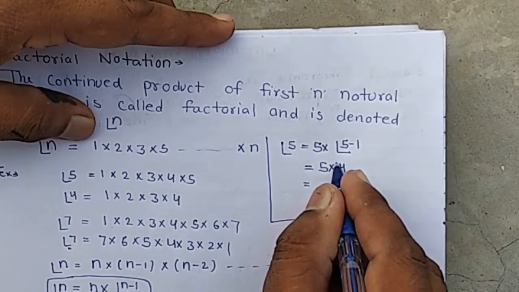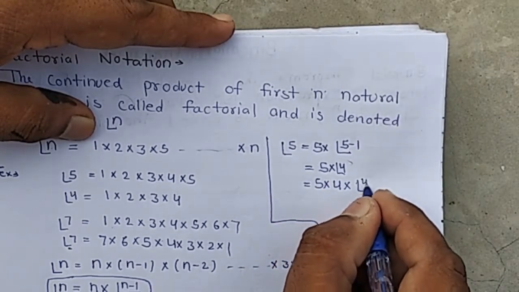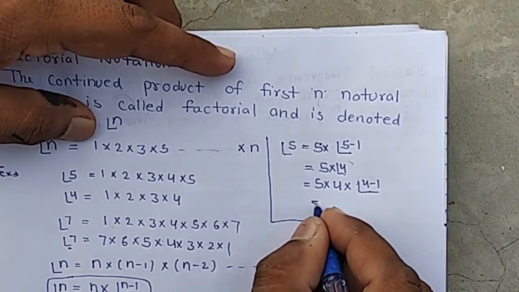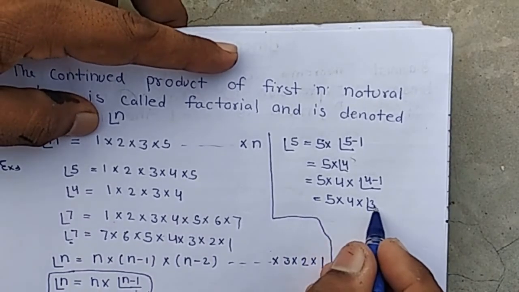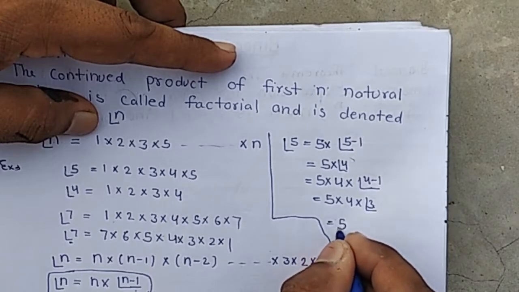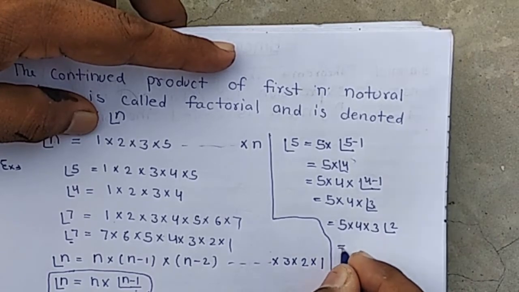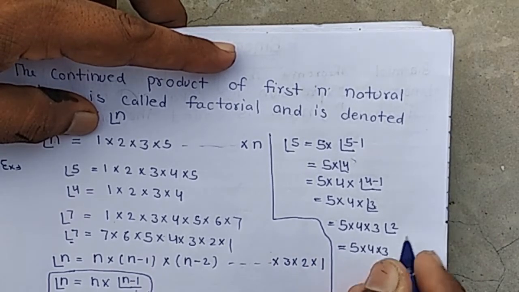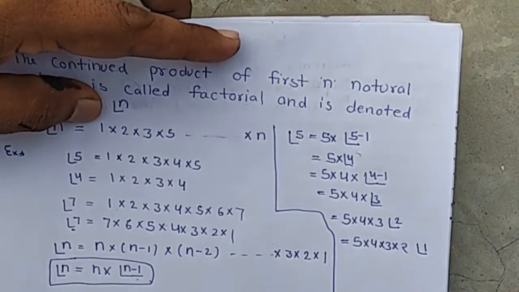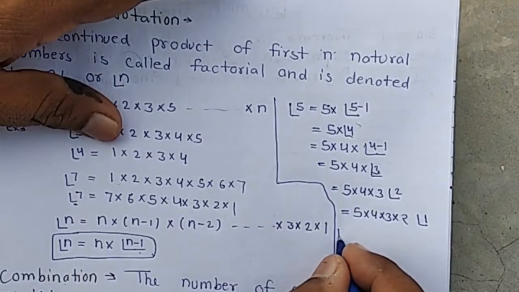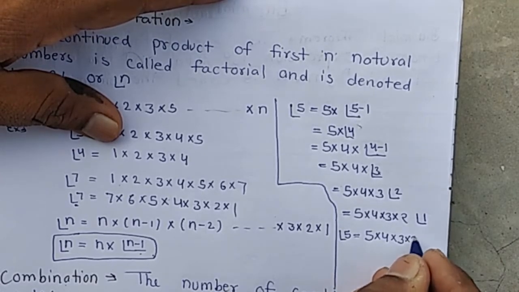Now factorial 4 can be written as 4 into factorial 3, means 5 into 4 into factorial 3, and factorial 3 can be written as 3 into factorial 2, and 2 into factorial 1, and the value of factorial 1 is 1. Then it is equal to 5 into 4 into 3 into 2 into 1.